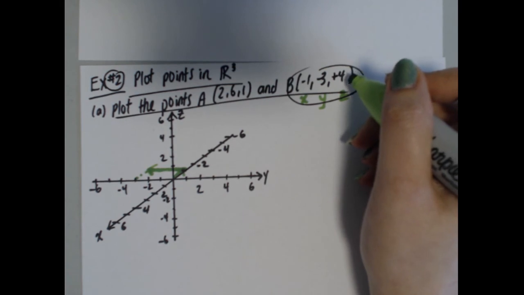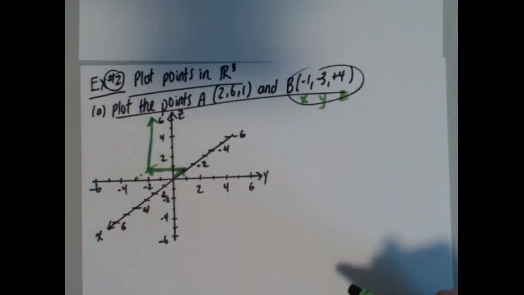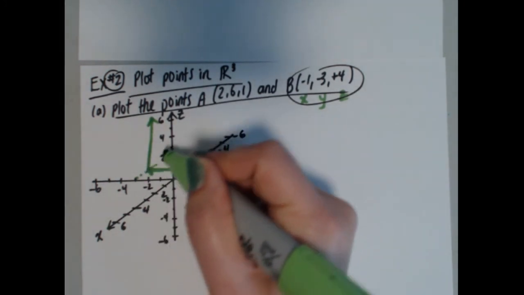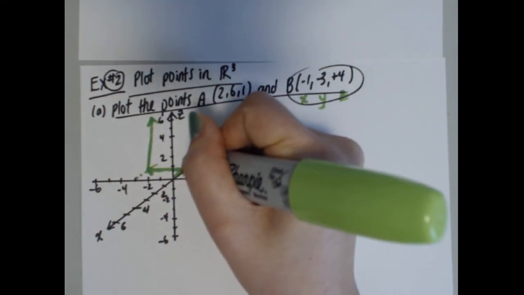Okay, so 4 units up, it's going to look something like this. So what I want you to see here is that what I've actually traced out is, well, a rectangular prism. The base of that rectangular prism is here. The height of that rectangular prism is 4. So that means from here, it's also going to be a height of 4.